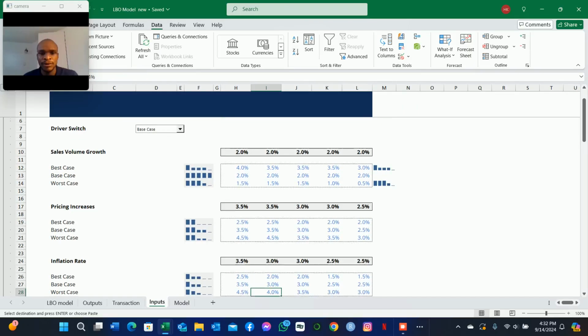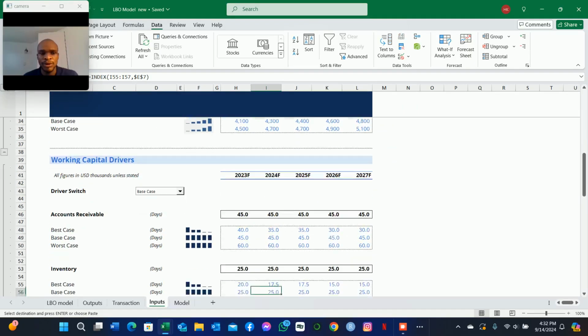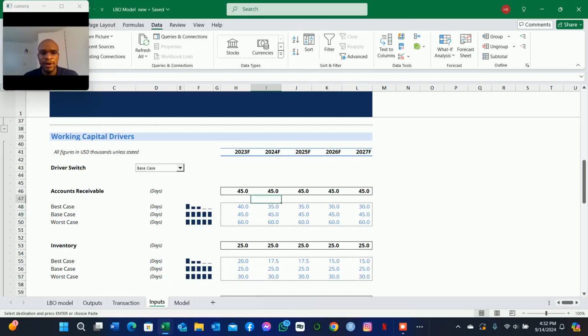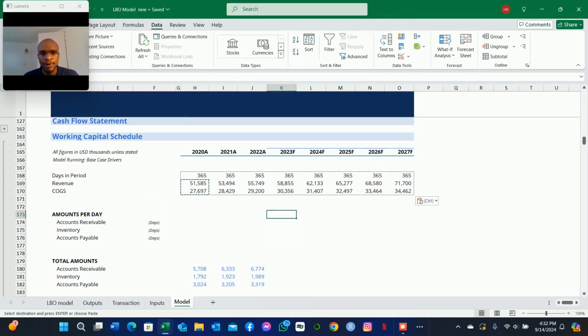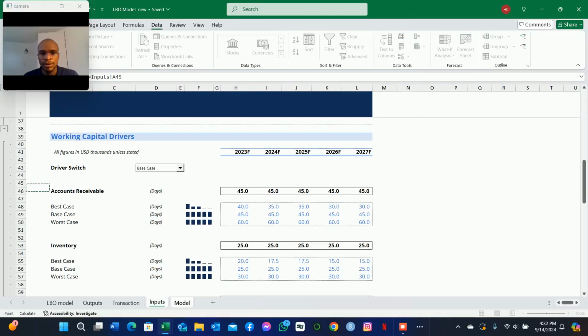In order to do that, we can scroll to see what we have. We have it set for us from the year 2023 to 2027. So we can go back and reference that year. 2023 is going to be equal to, you can go to our working capital drivers in our input section.